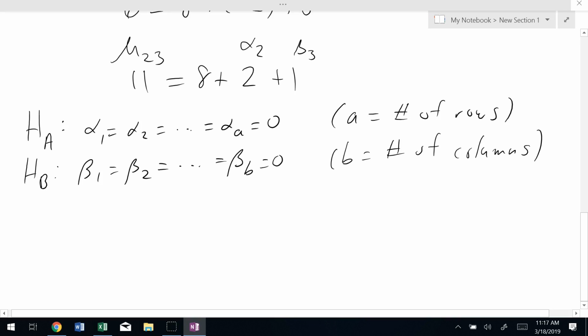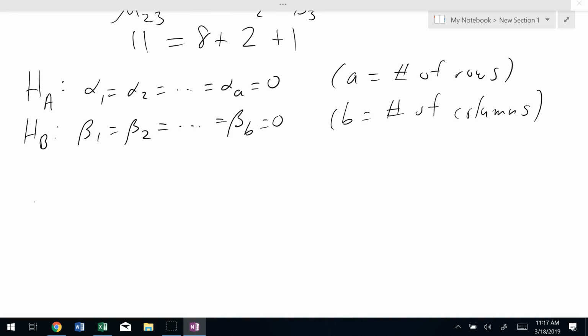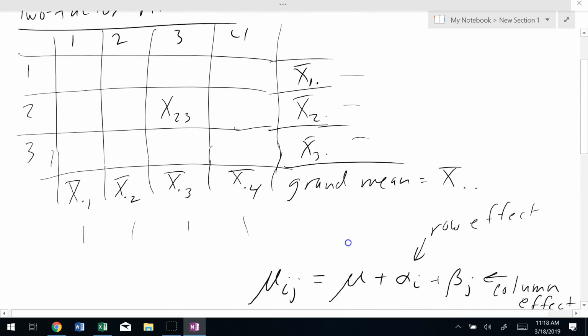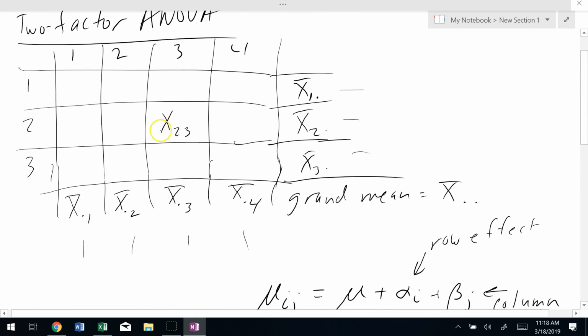So let's talk about this again. We can do a total sum of squared errors, like we did with the one-factor ANOVA, the one-way ANOVA. So we can do a total sum of squares, which, if we think about the way it's set up, means each of these x sub ij's will subtract from our x bar double dot, and square it.